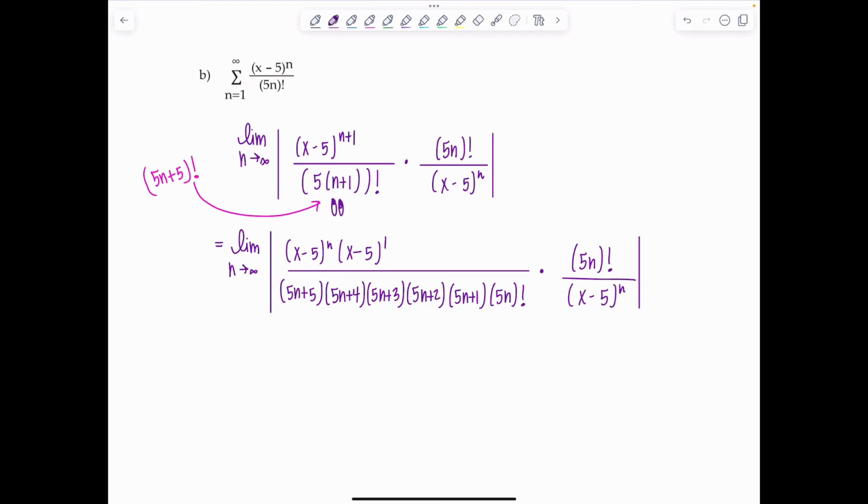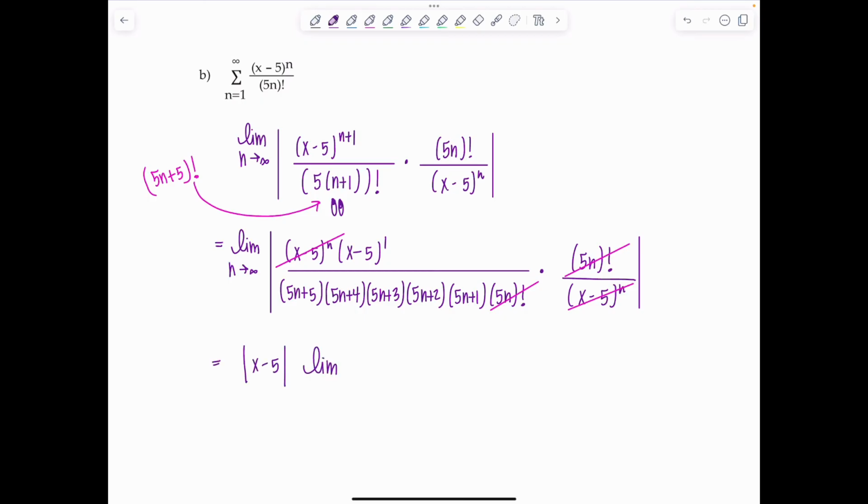All right, who cancels? (x minus 5) to the n and (5n) factorial. And that's it. So in the limit, n's going to infinity. I can take this x minus 5 out, but you do have to keep absolute value, right? Because x could be any real number. So keep absolute value of x minus 5.